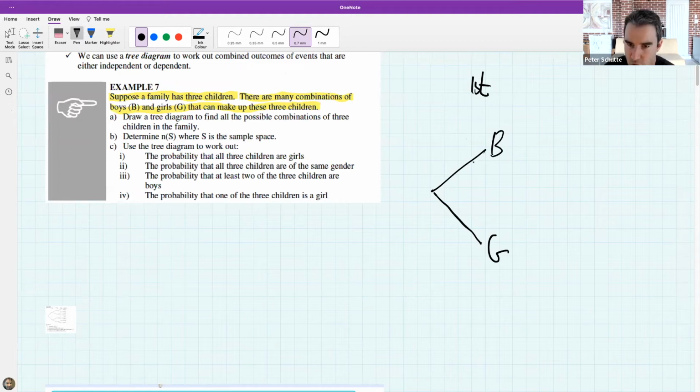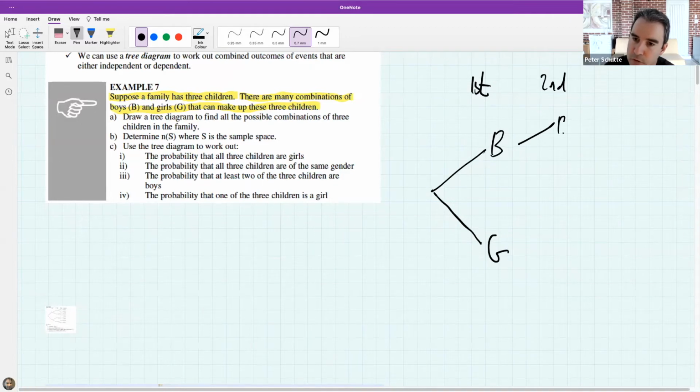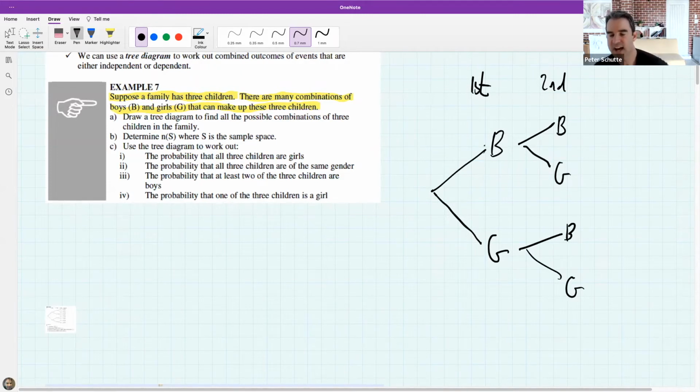Now that's if you start, but the second one, the second child, is also going to be a choice of boy or girl or boy or girl. So at the moment, how many possible options are there? There's BB, which is boy, boy. There's boy, girl. And what a tree diagram does is it looks like a tree, like breaking out into branches.